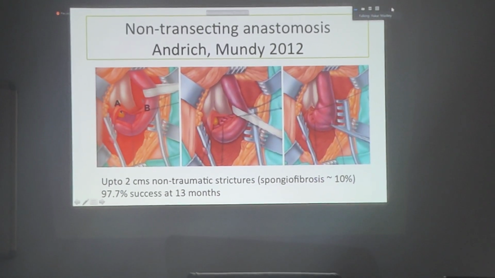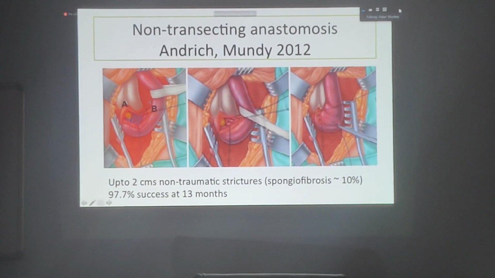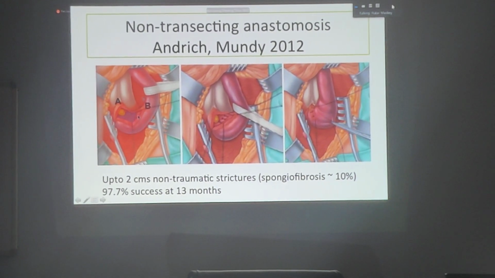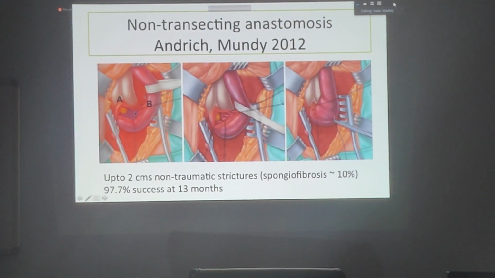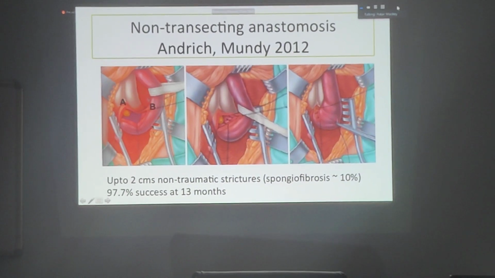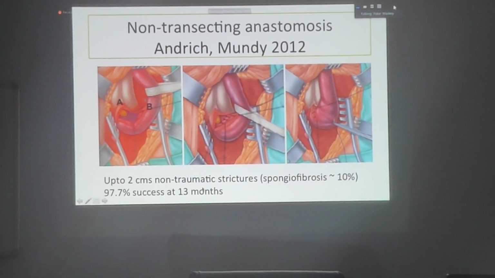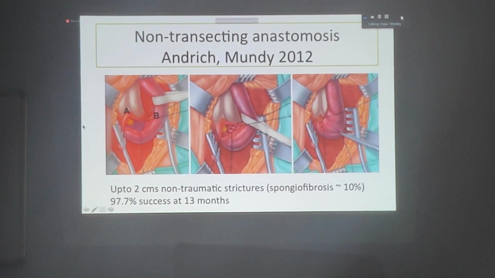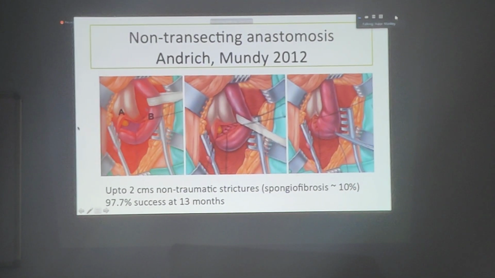So what they do is they just excise. They open the urethra dorsally, excise the strictured mucosa and the spongiosum, and then anastomose the mucosa here, and then finally close the urethral defect in a Heineke-Mikulicz fashion. So their series, at a follow-up of 1 year, enjoyed a very good success rate.